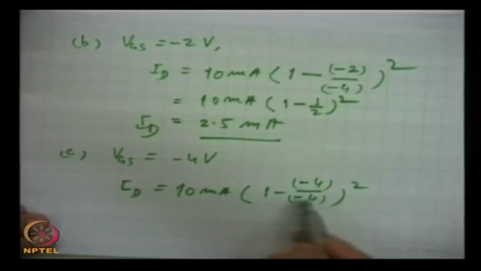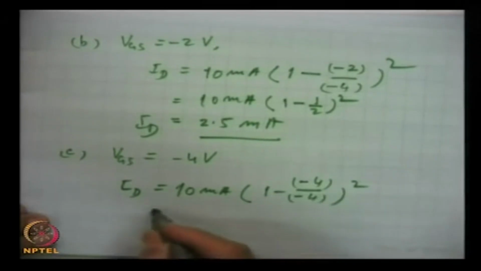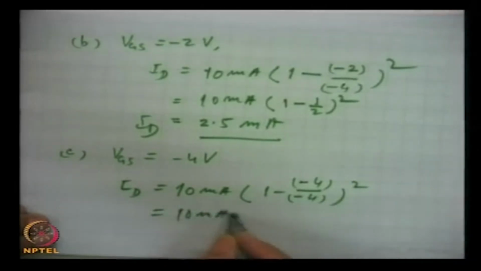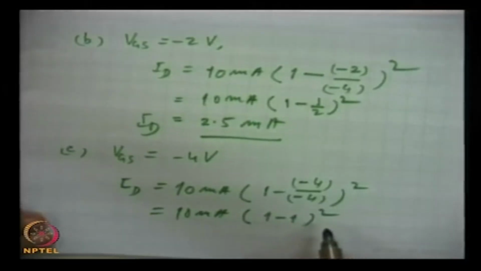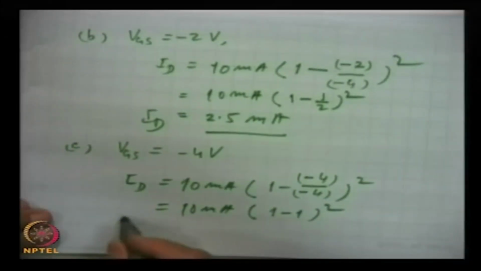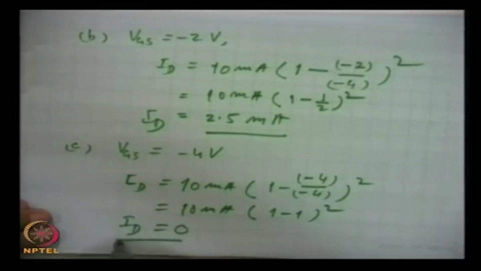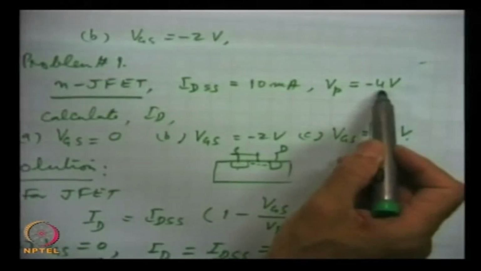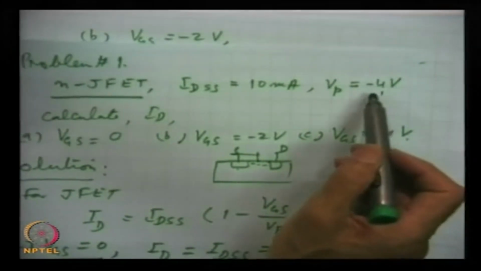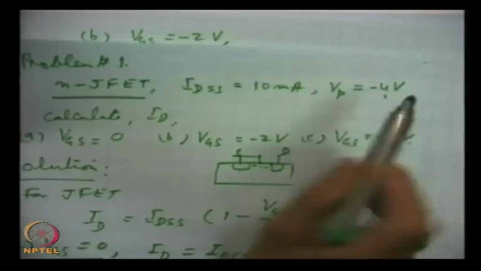So this is 10 milliamperes into 1 minus 1, which is 0, so ID is 0. This is also understood, because for the device the pinch off voltage was 4 volts, and this is where the current reduces to 0.